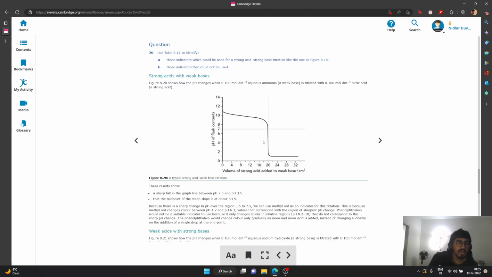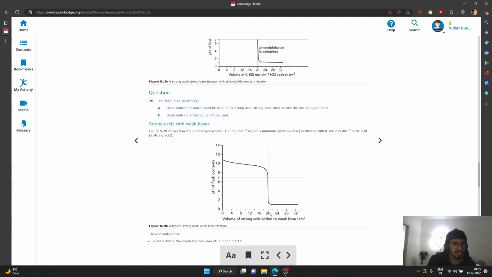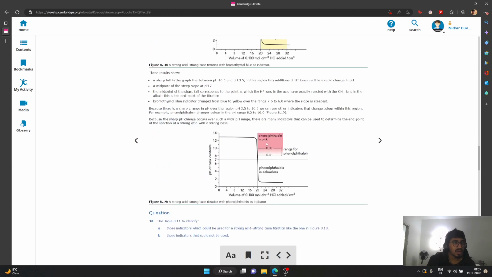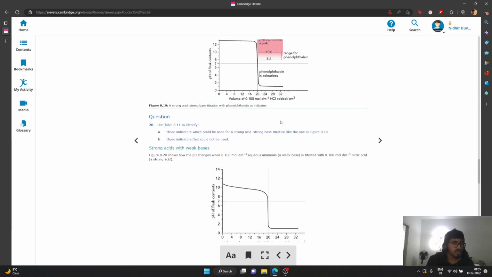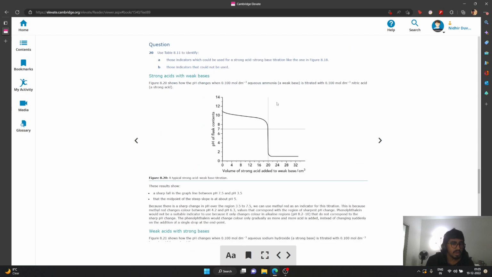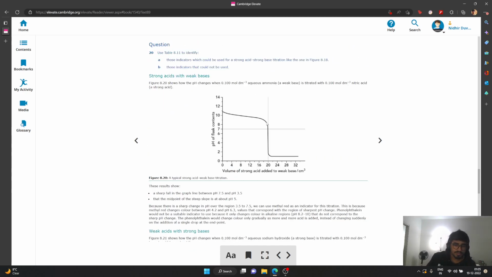In this case, I wouldn't say that an indicator like phenolphthalein is as good. It changes at around 8.2, as we saw, and it can change a little too quickly before the neutralization has happened. So you want it to change in this area. So maybe bromothymol blue here is a good option in this case.